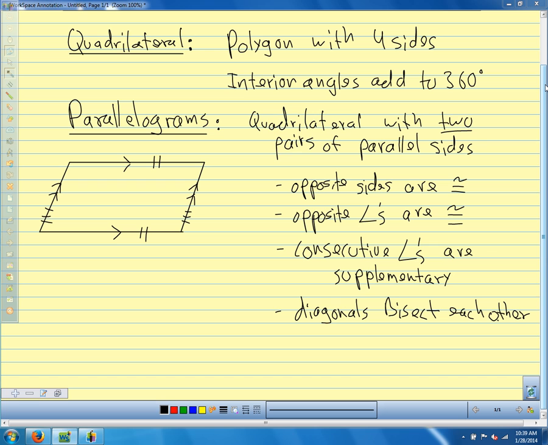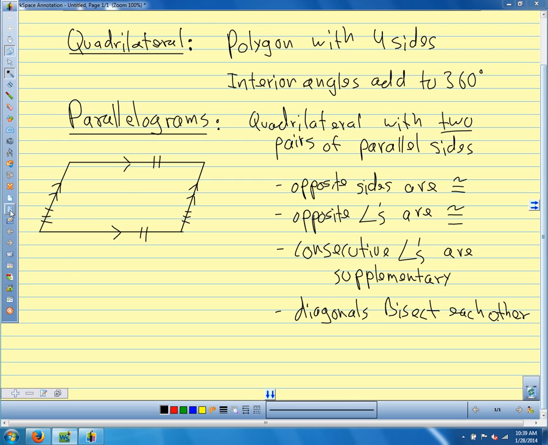So all of these things happen when we have a parallelogram. We have two pairs of parallel sides. Opposite sides are congruent. Opposite angles are congruent. Consecutive angles are supplementary. And the diagonals bisect each other. All right, questions on parallelograms?